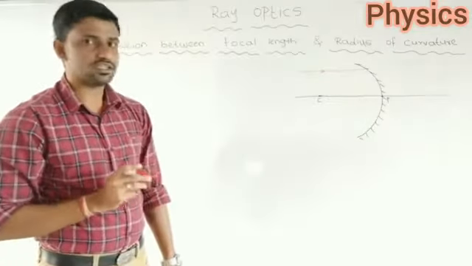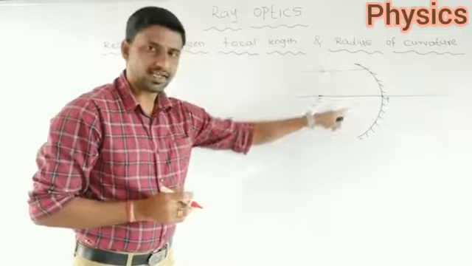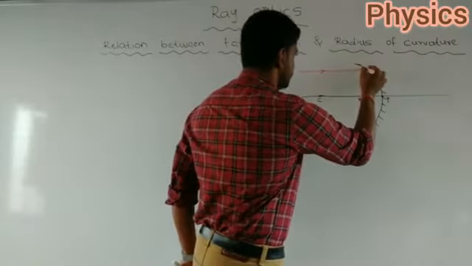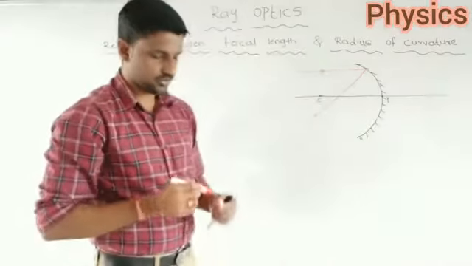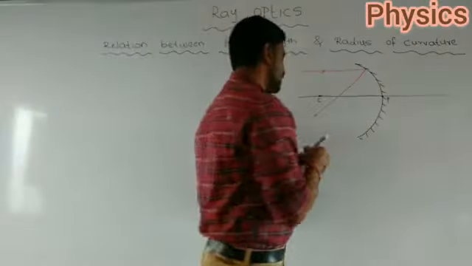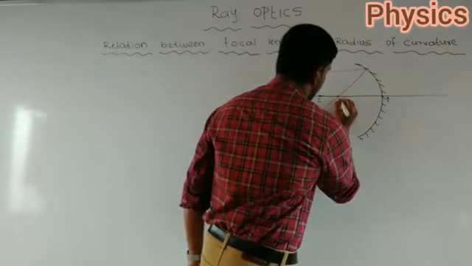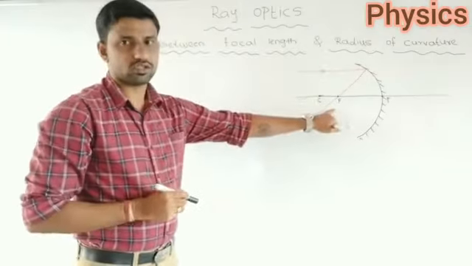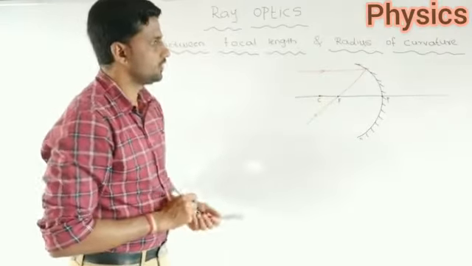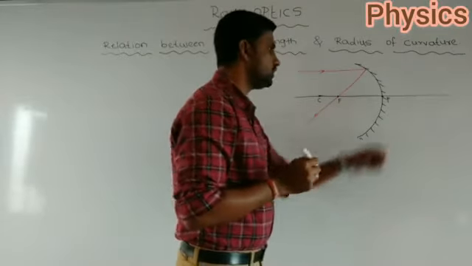When the incident rays are parallel to the principal axis, then after reflection it will pass through the focus. That means the point at which it meets the principal axis after reflection is called the focus. This is the focus.